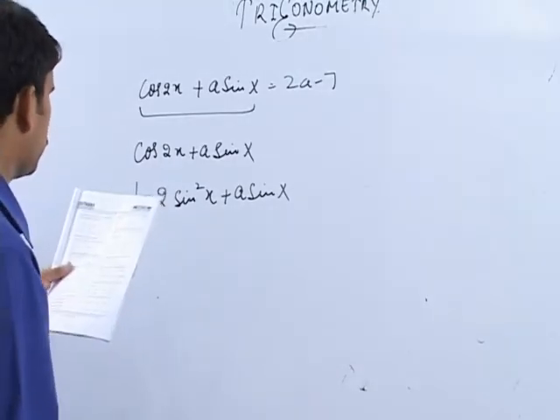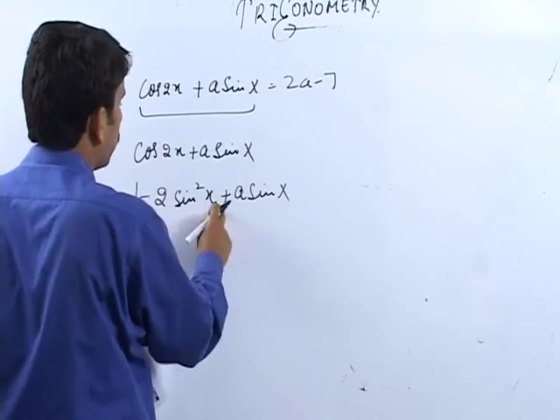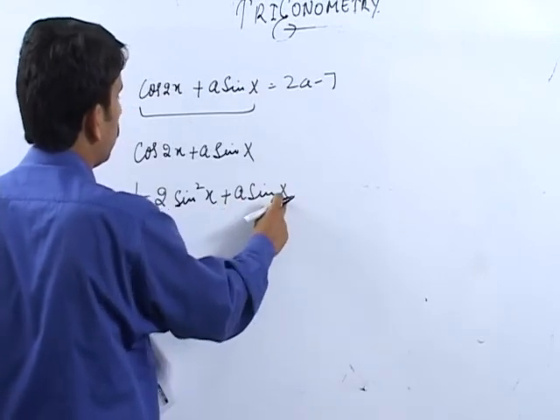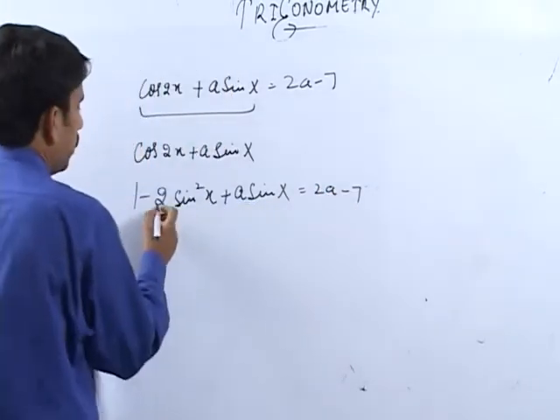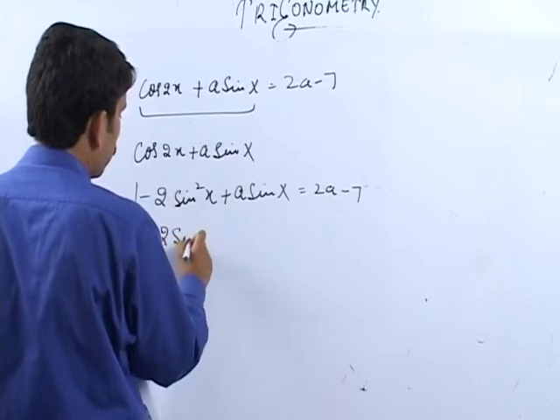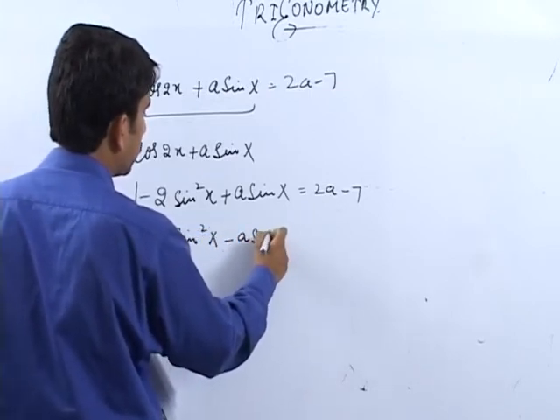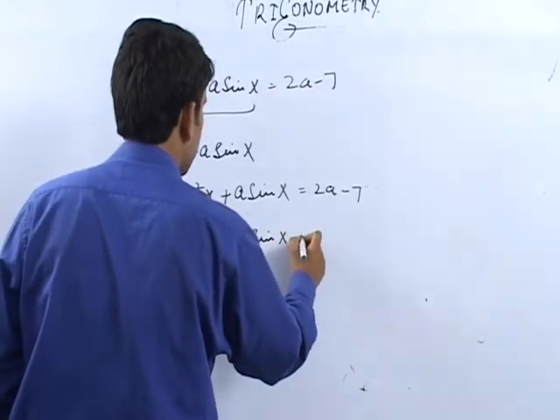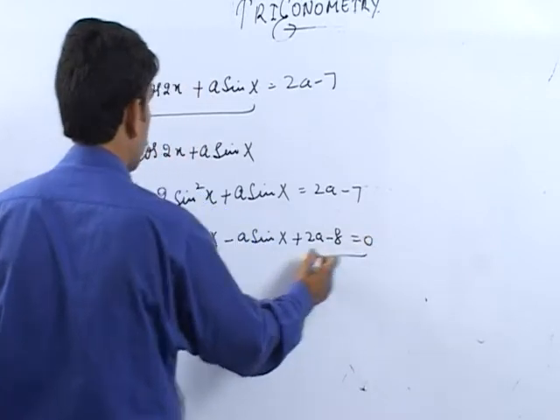Now you know that 1 minus 2 sin square x plus a sin x is equal to 2a minus 7. Now when you take this to the left hand side, you will get 2 sin square x minus a sin x plus 2a minus 8 is equal to 0.